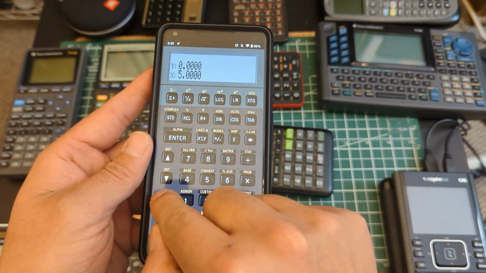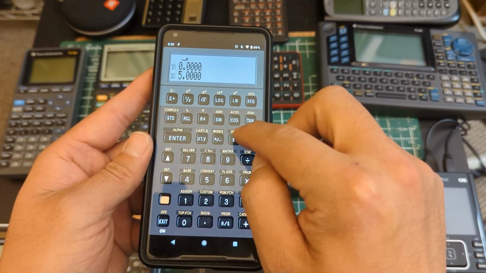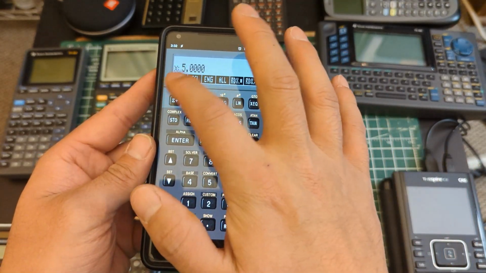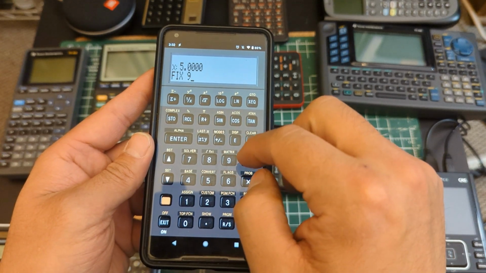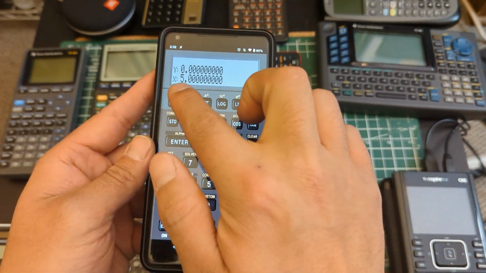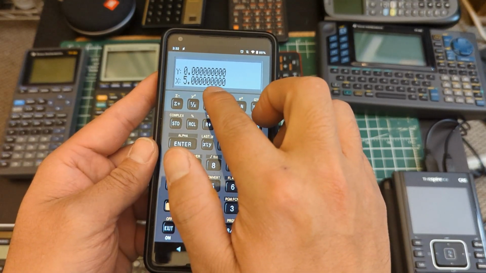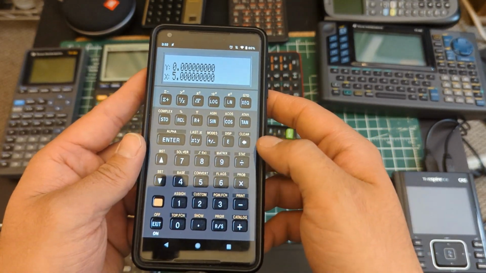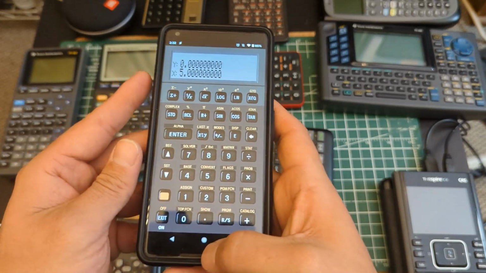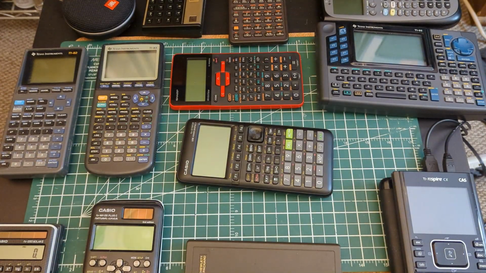And just to make sure, we can bring up all digits of precision, and it's still 5. So that's all the emulators I have, or all the software calculators I have on my phone.